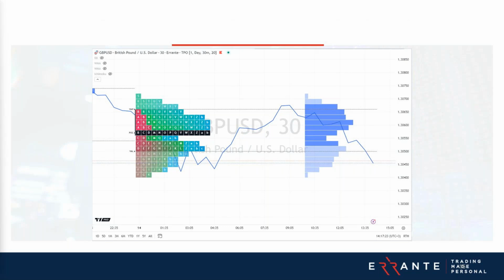But let me break it down into all of these characteristics to see how it works, the key components, and explain how to interpret these charts. For example, you see here we have TPO blocks and letters, and each letter represents a specific time period, typically 30 minutes here, because this is on a 30-minute chart.